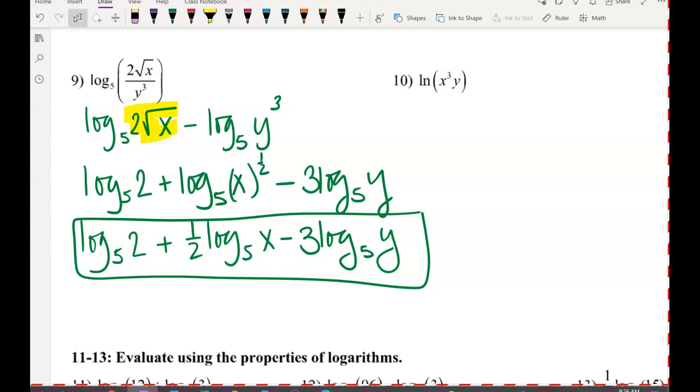Compare your answers. Everyone try number 10, please. Compare your answers. Box it up.